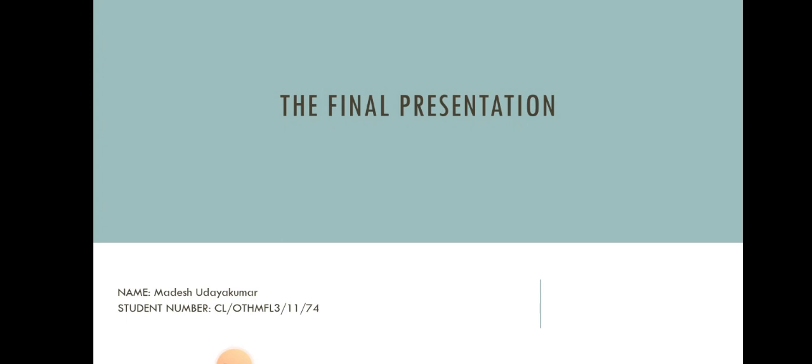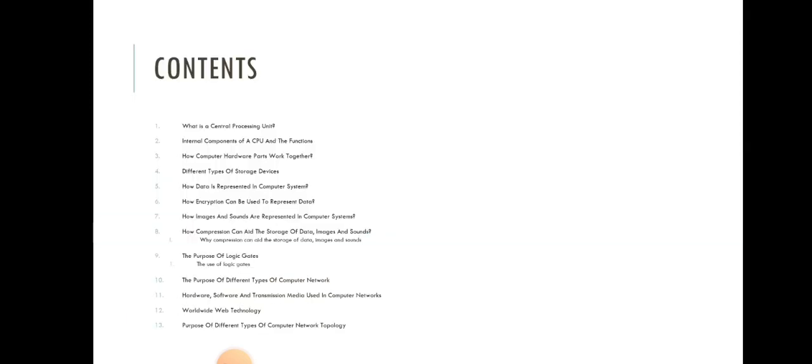So if we see the contents, the first one in the contents is what is central processing unit, and the topics are as follows: internal components of a CPU and their functions, how computer hardware parts work together, different types of software and storage devices, how data is represented in a computer system, how encryption can be used to protect data, how images and sounds are represented in a computer system, and how compression can aid the storage of data, images and sounds.